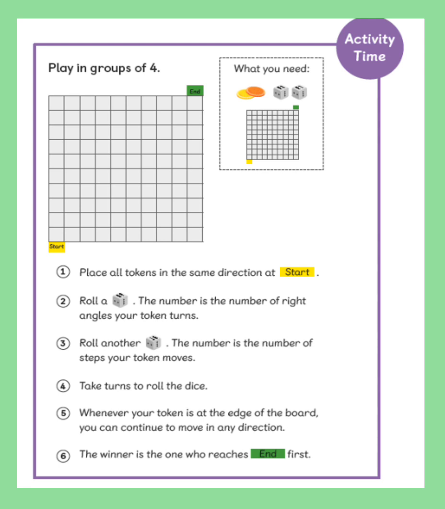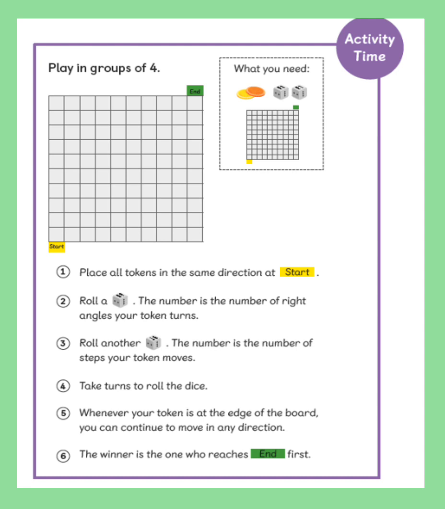Roll a dice. The number is the number of right angles your token turns. And then roll another dice. This number is the number of steps your token moves. So you're going to turn your token, first of all, with the first roll of the dice, and then you're going to move your token with the second roll of the dice.